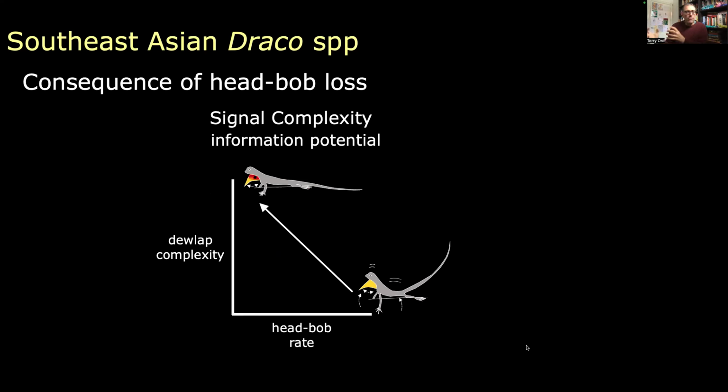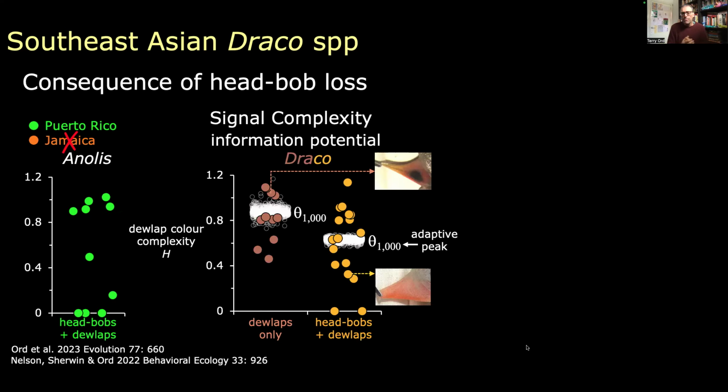Now, they've lost a lot of information potential because they no longer include that head bob, right? So the consequence should be that there should be some sort of elaboration to that dewlap to increase the potential information transfer from that dewlap. So the number of colors and the patterns of colors. And when we do compare across those Draco species, we do find that the subset of Draco that have now lost their head bobs have more complex dewlaps, apparently as a consequence.